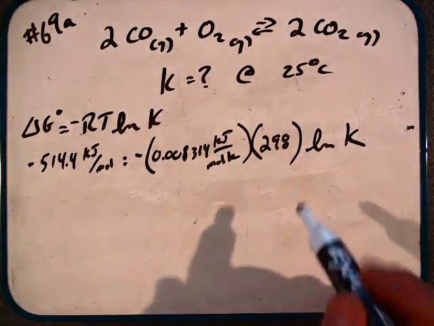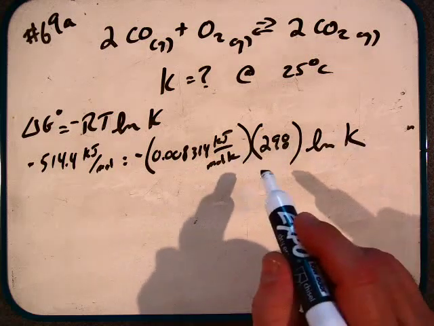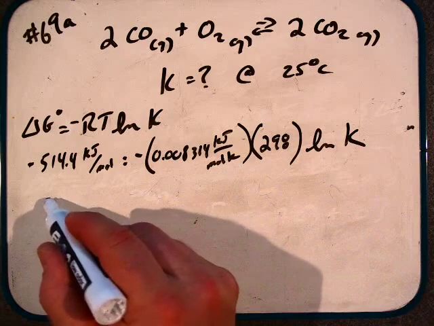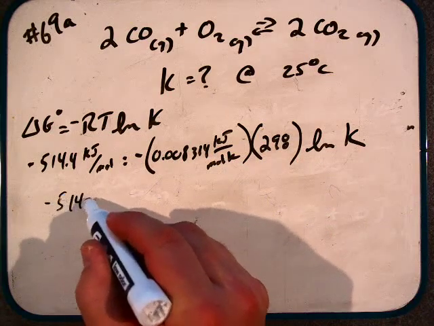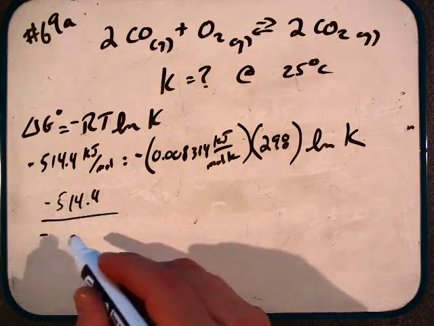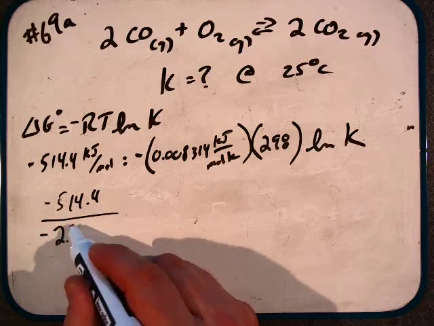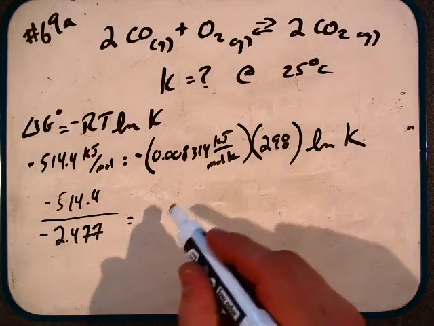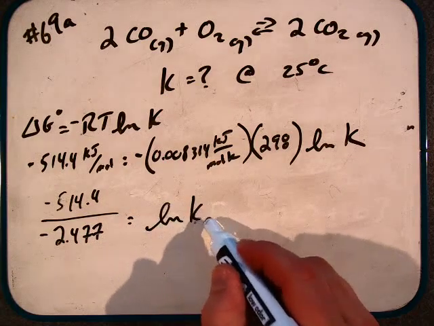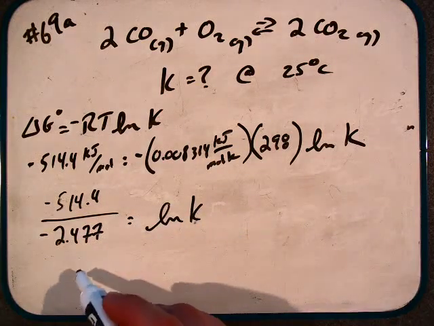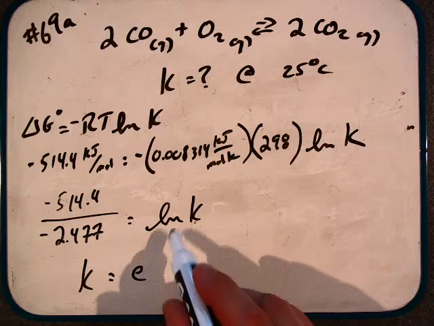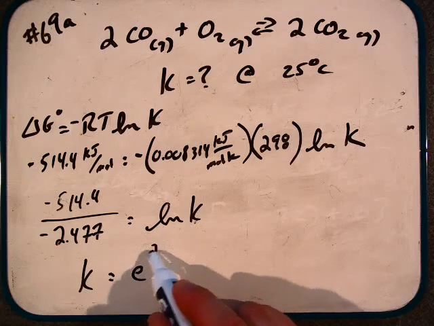And so now we're manipulating this expression. We bring over our R and our T. We would have negative 514.4 over a negative 2.477, and that would equal the natural log of our K. Our K would then be equal to e, right? The e function is getting rid of the natural log.